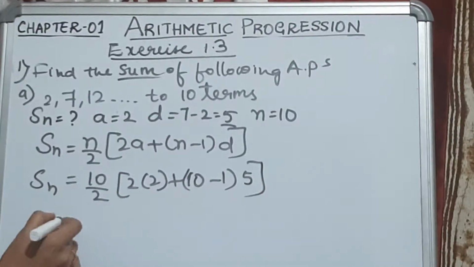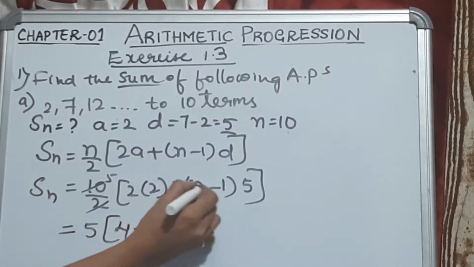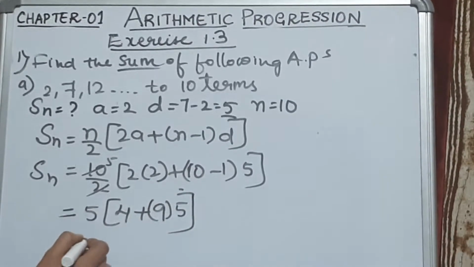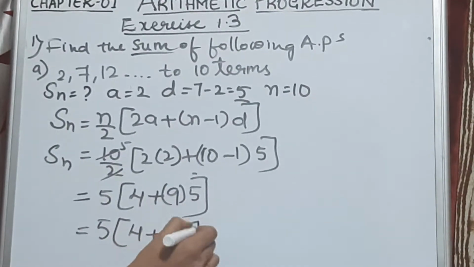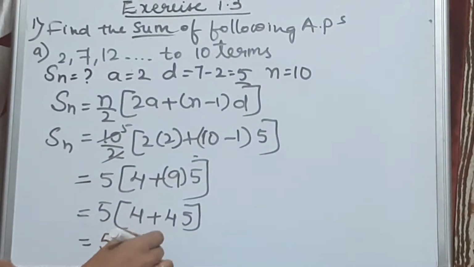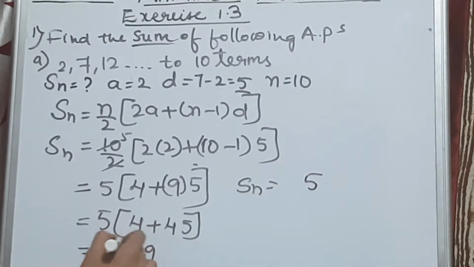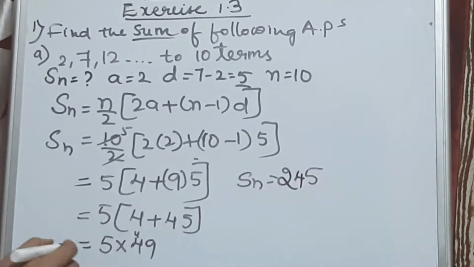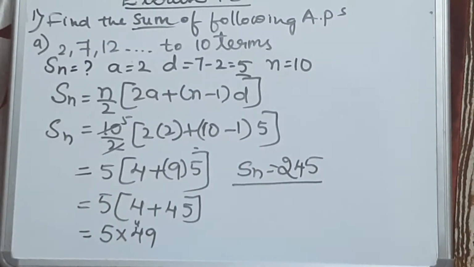Everything is given, just Sn we have to find out. 2 twos are 4, plus 10 minus 1, 9 into 5. 4 plus 9 fives are 45, so 49. Then 5 into 49: 5 nines are 45, 4 carry, 5 fours are 20 plus 4, 24. Correct answer: the sum of the terms of the AP is 245.